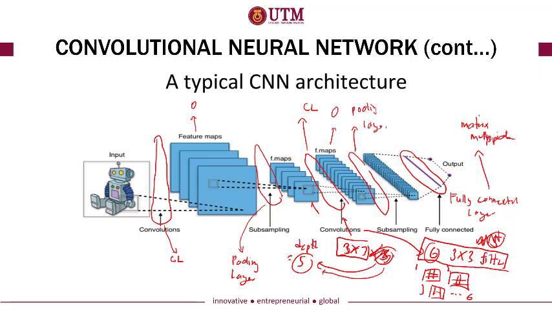So what is meant by matrix multiplication? It is actually the similar process that you have done in your artificial neural network, because in the artificial neural network, in each and every layer you apply the fully connected layer.